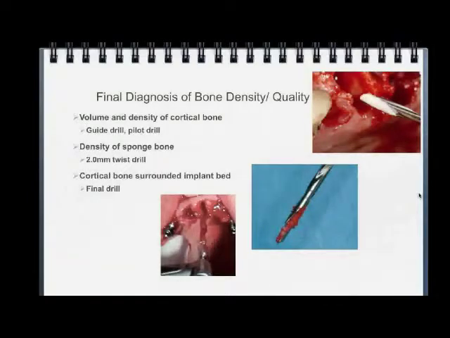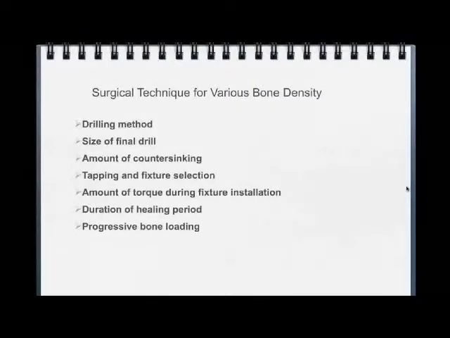If the flutes of the drills are filled with the bony mass, you can say that this is a pretty good bone. And if the flutes are filled mostly with blood, with very few bone chips, that would be a poor bone quality.